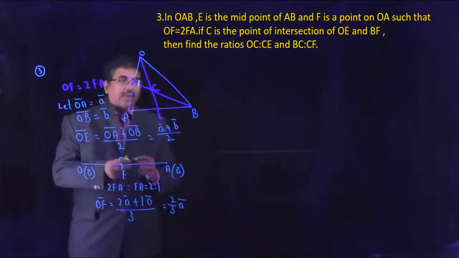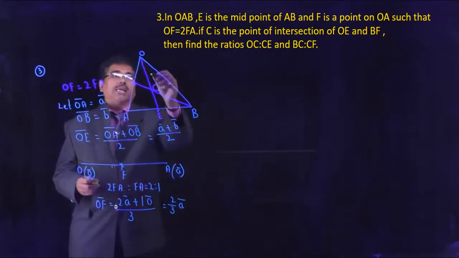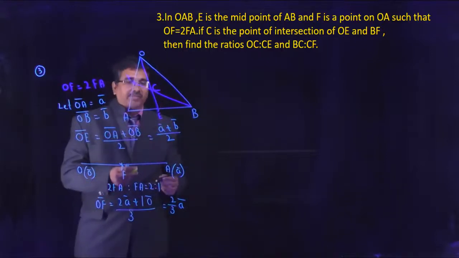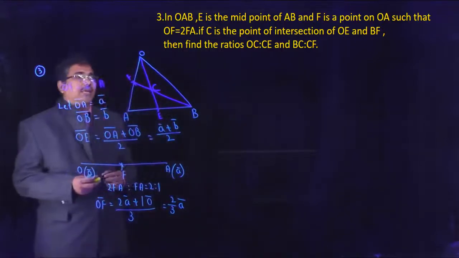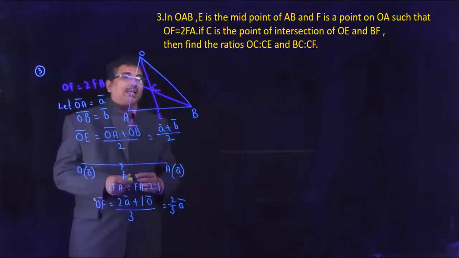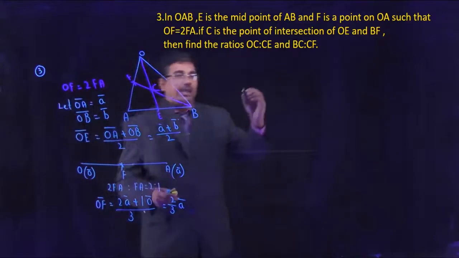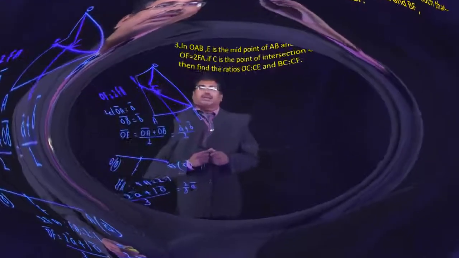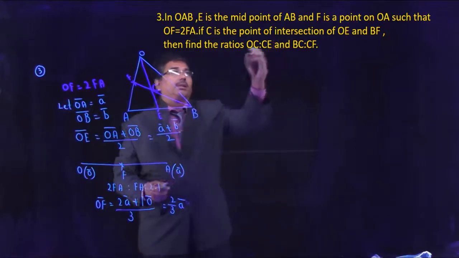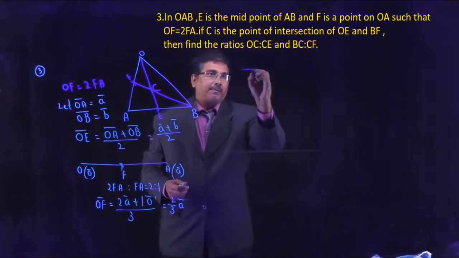Now our aim is to find the ratios OC is to CE and BC is to CF. Right, C is the point of intersection of OE and BF. Now C is on OE.